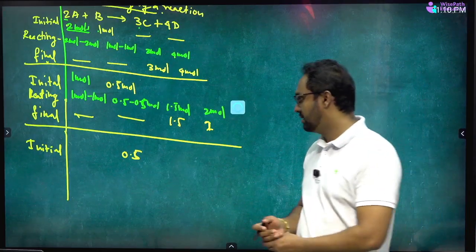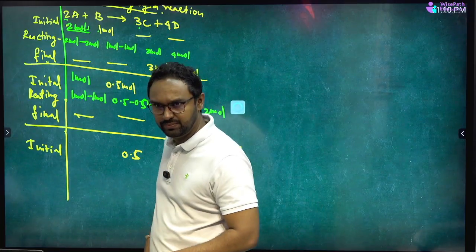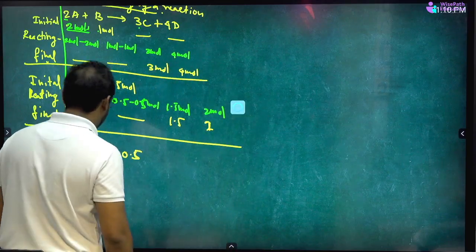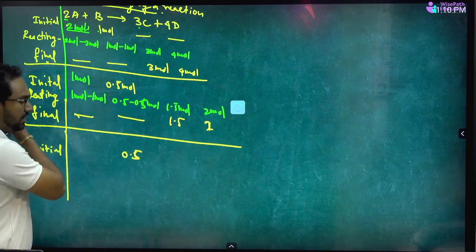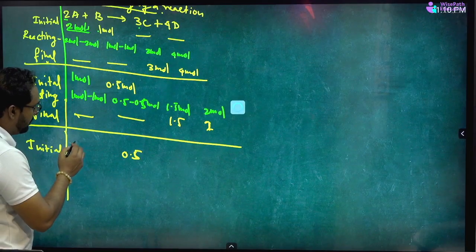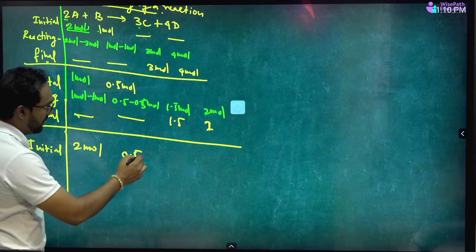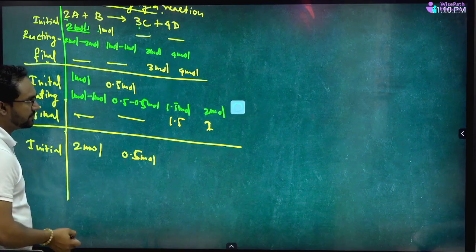Instead, I'll take any sort of amount. Okay? Let's say there's 2 moles of this, right? There's 2 moles of this. Only 0.5 moles of B is there.